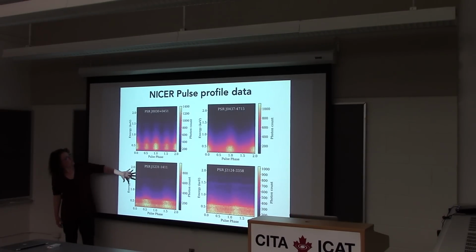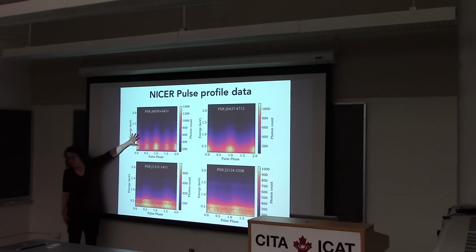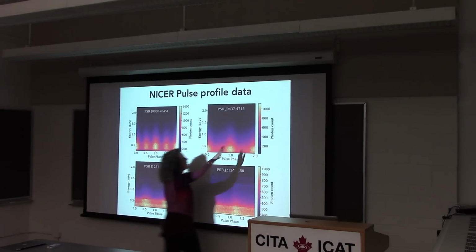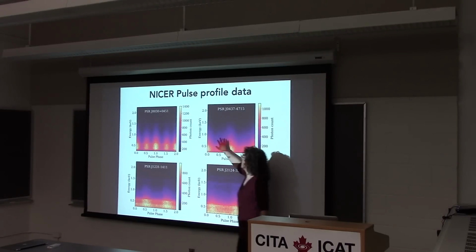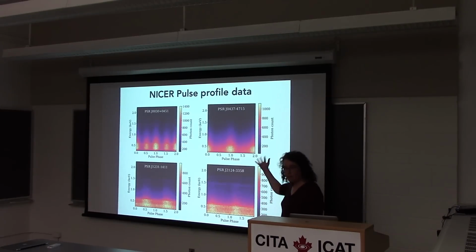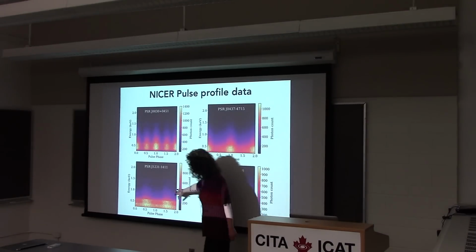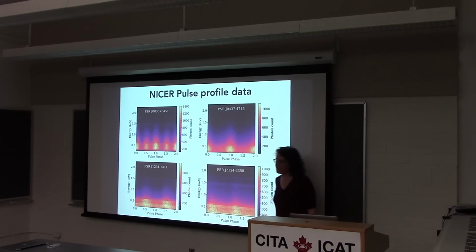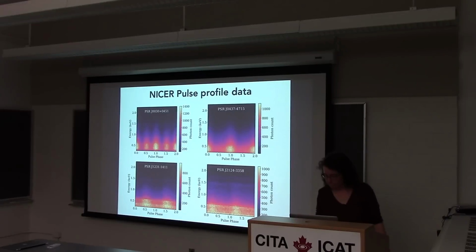There's about 2 megaseconds of data for this one, and 1 megasecond of data for this one. These two are at a state where there's analysis going on right now, and my guess is that we should have results probably by the end of the summer, maybe before that. These two need a little bit more exposure to be able to see the pulses properly.